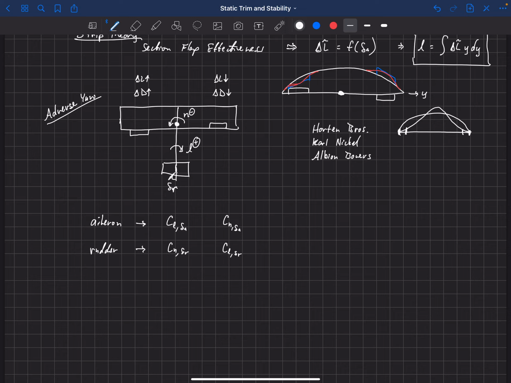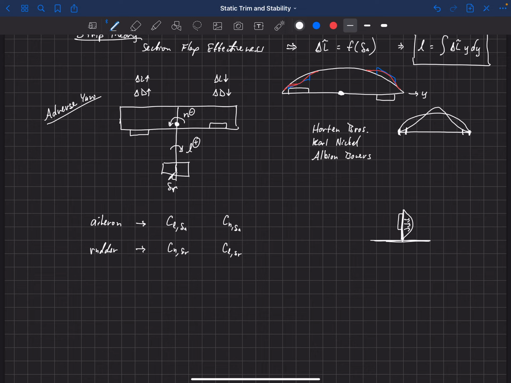We can talk about that briefly here over on the right. If we look from the back of the aircraft towards the front, and we deflect the rudder here, this is a vertical tail surface, so what's going to happen is we're going to get this change in lift on the one side here.